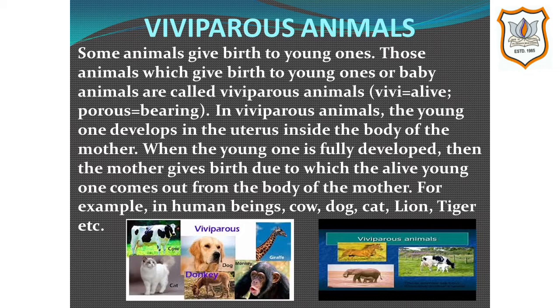For example, in human beings, the mother gives birth to a baby, so humans are viviparous animals. Some other examples of viviparous animals are cow, dog, cat, lion, tiger, horse, rabbit, rat, elephant, and camel. In fact, all the mammals are viviparous animals.